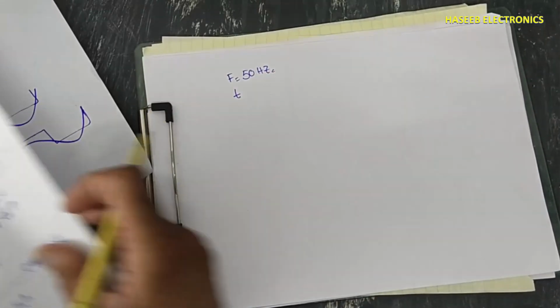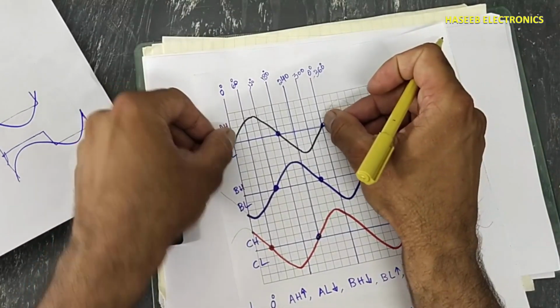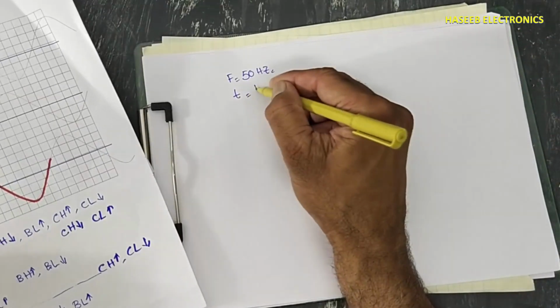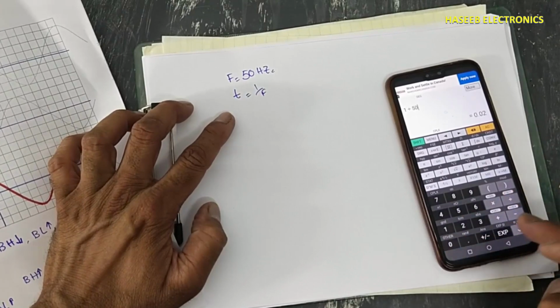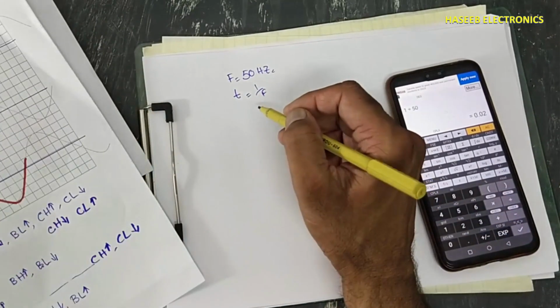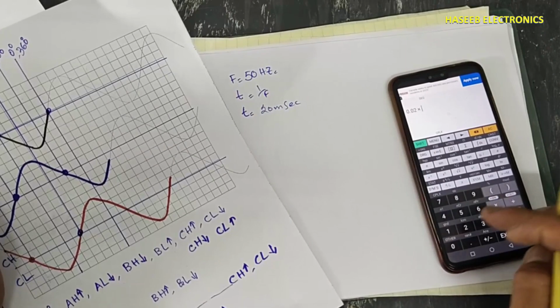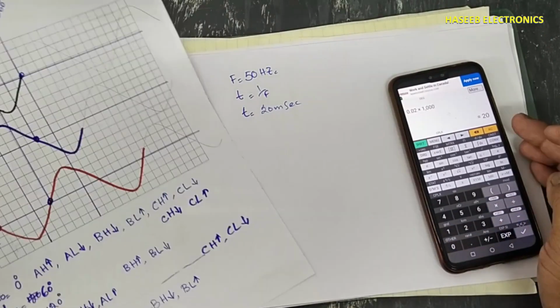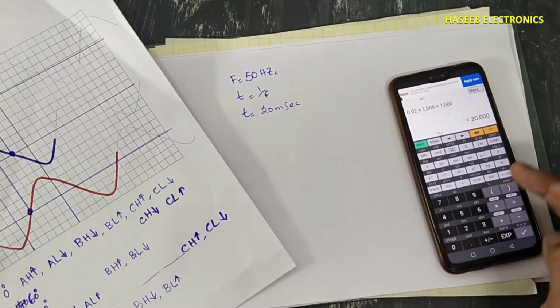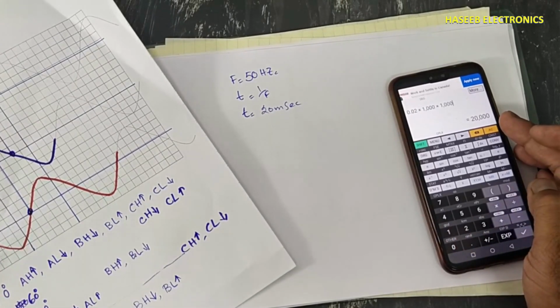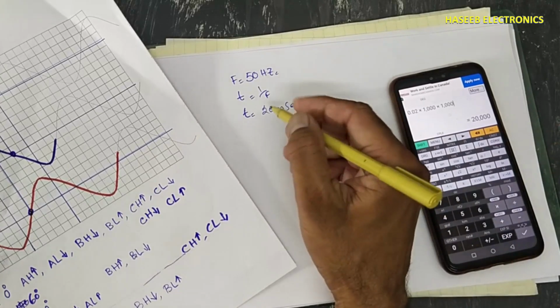Total time for one complete cycle, 1 over F. 1 over F, 50 Hertz, it is 20 millisecond time. Multiply with 1000 to convert it into microseconds. It is 20,000 microseconds.